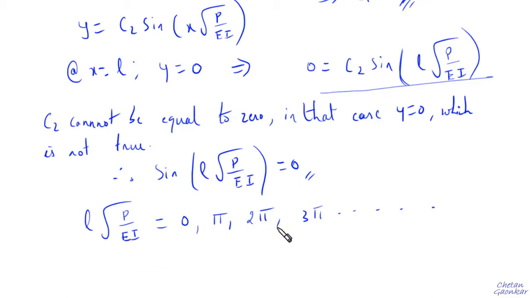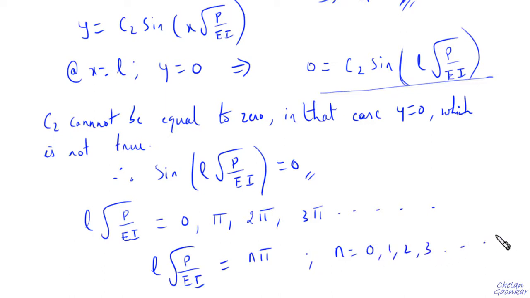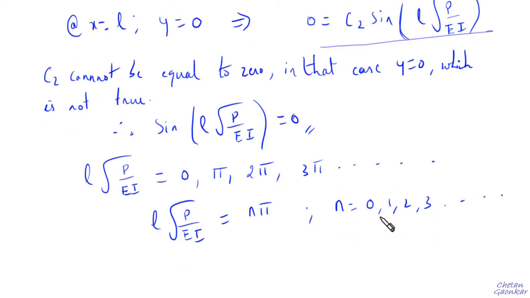So we can write that this term will be equal to 0 when this angle is n pi, where n goes from 0, 1, 2, 3, and so on. But the minimum non-zero value of n for which this will be equal to 0 is n equal to 1.